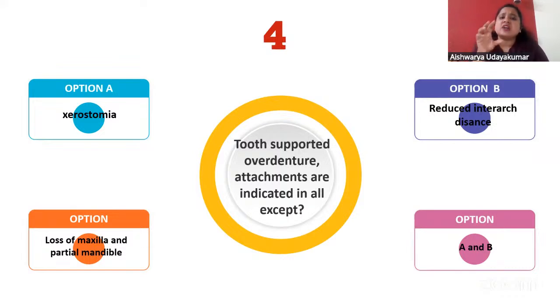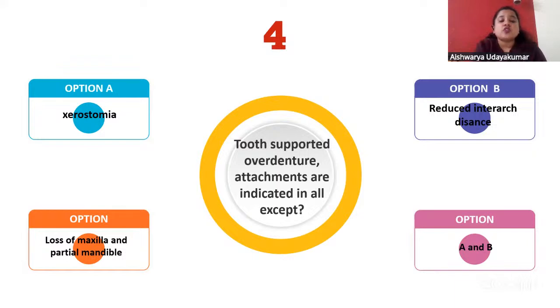If we have at least 10 to 14 of space, that is when we can give an attachment. Simply understand that. While directly giving a complete denture, only the acrylic thickness comes. With that, we are giving an attachment. Obviously, if the space is reduced like this, then we can't provide an attachment. Therefore, we can see that reduced interarch space or distance is a contraindication.